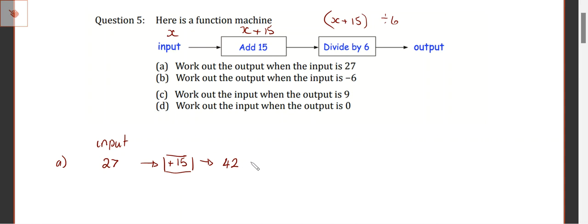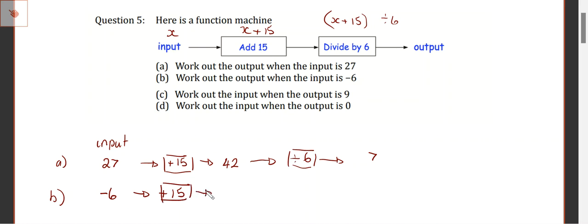So 42, and then 42 is divided by 6, and we get the answer 7. Okay? B, we put the input in is -6. -6 add 15 is 9. 9 divided by 6 is 1.5.